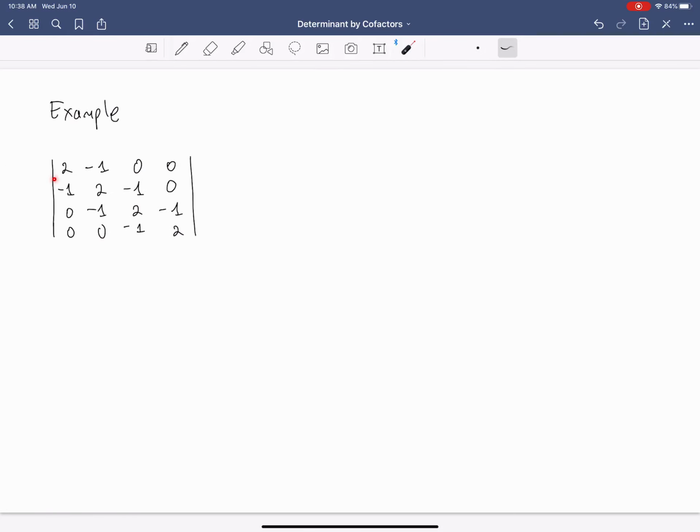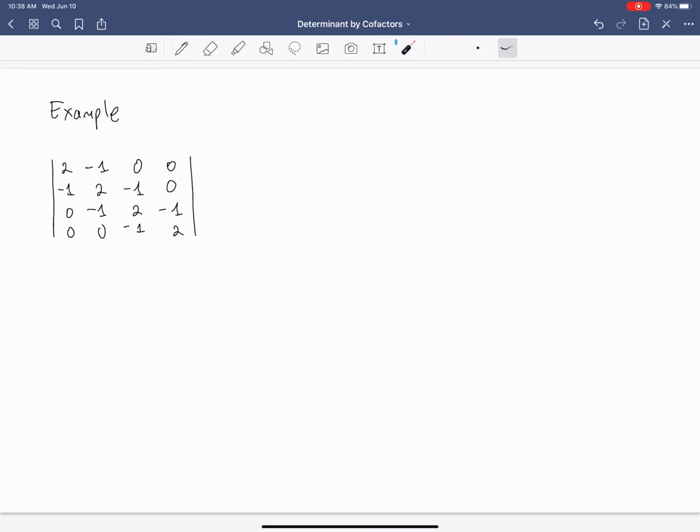So here, if I do expansion along the first row, then I have this number times that cofactor with the correct sign, plus this number times the corresponding cofactor, plus this number, which is 0, times the corresponding cofactor. But who cares about that cofactor? I've multiplied it by 0, and then plus 0 times that cofactor.